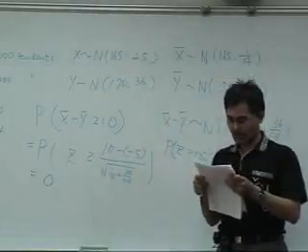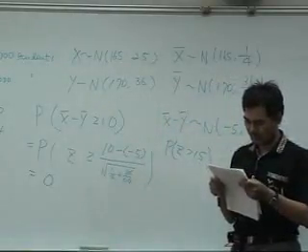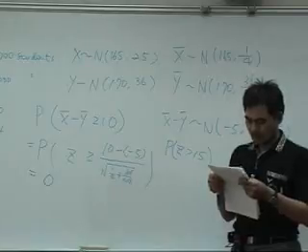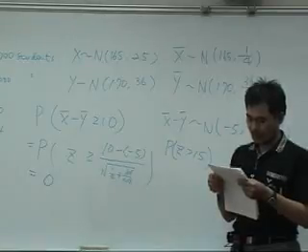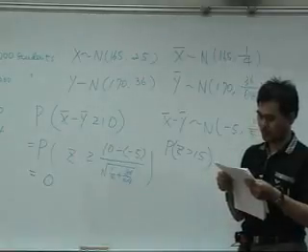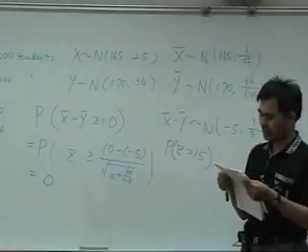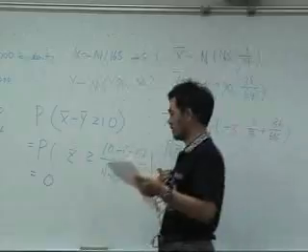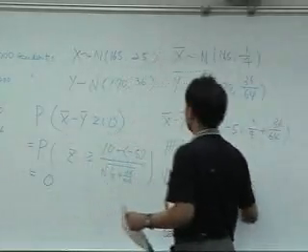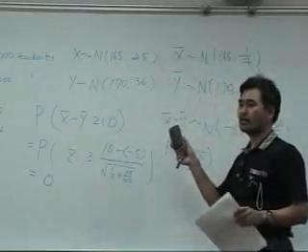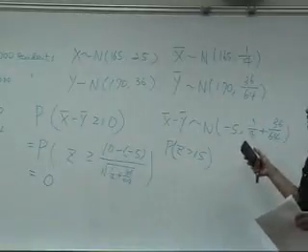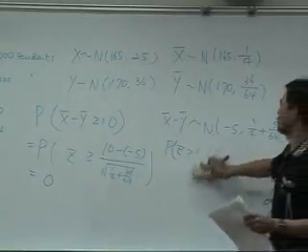Okay, question. Then let us talk about the second one. The second one says, how many people will fall between 160 and 170? Okay, so this question is different. Can I erase this? Okay, let me put it here.